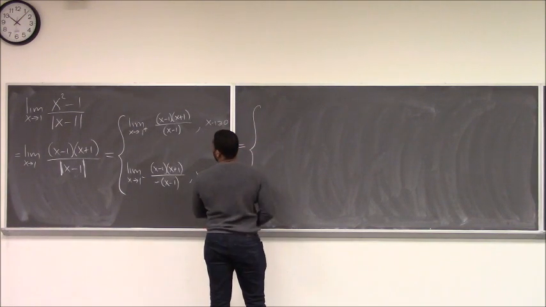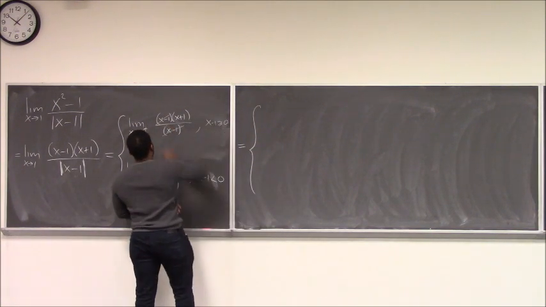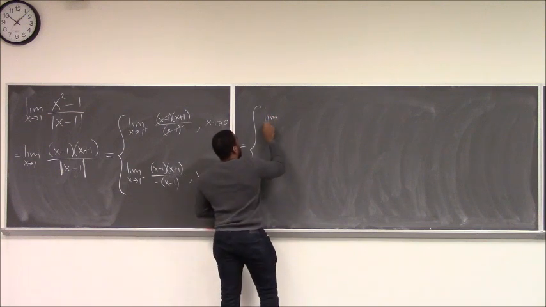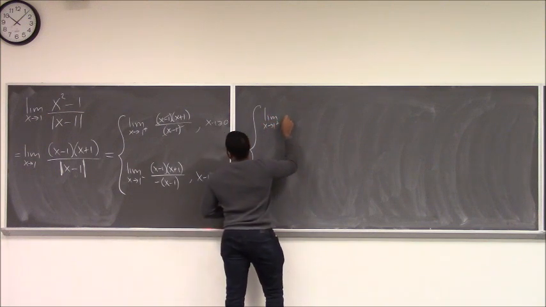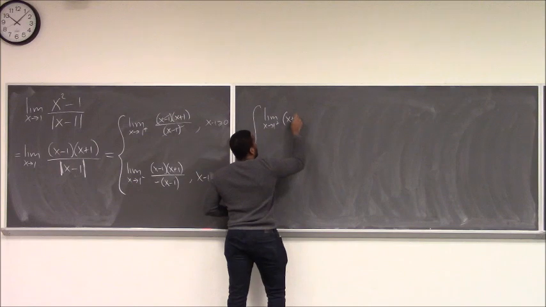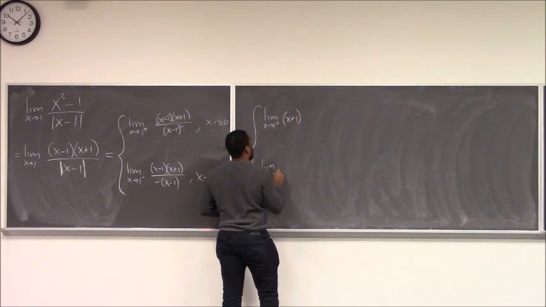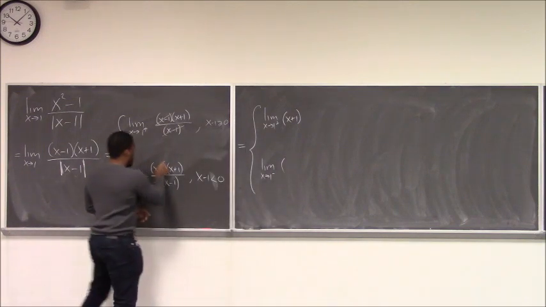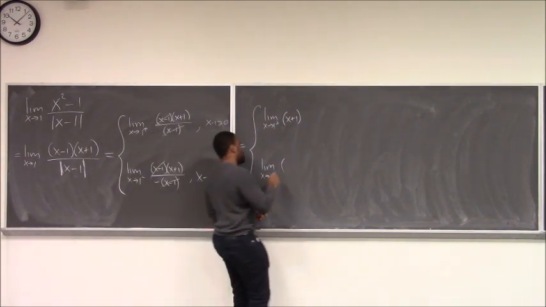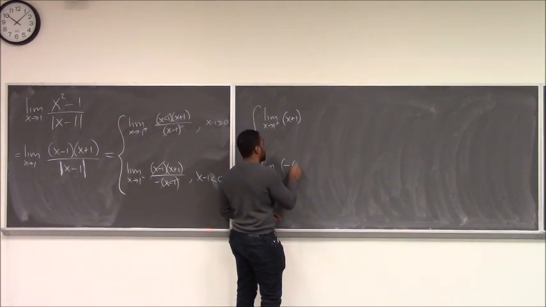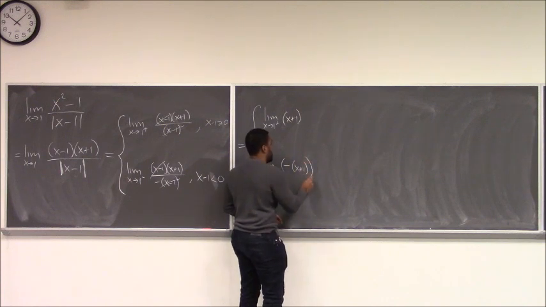So you really have to know the definitions very well. So now, this would just cancel. And so in the top, we'll get the limit as x approaches 1 of this guy. And in the bottom, this cancels into a negative, so we get x approaches 1 minus this 1.